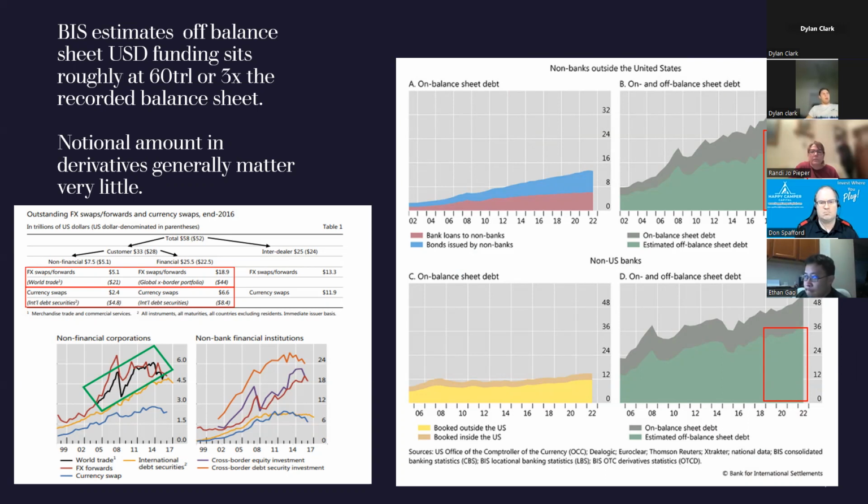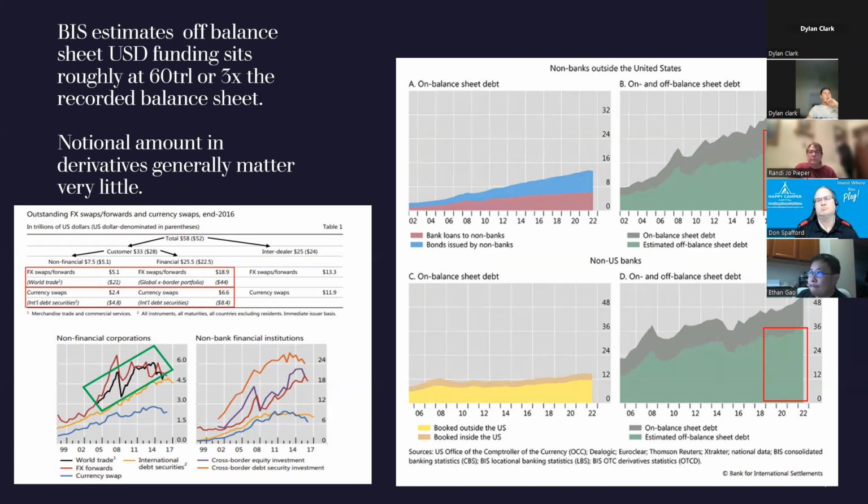So we have to look at who the players are that are involved in this and what they're really offsetting in existing positions. Here is what shows that, and the BIS shows that they are playing in that market to an extent.